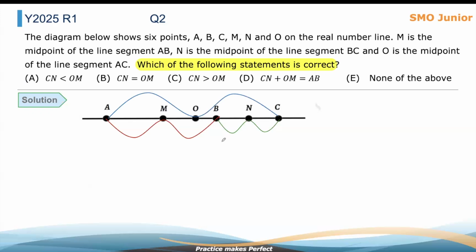The following statements mention the relationship between the line segments. How to determine which one is correct? From this diagram, we let CN equal x, so BN is also x. We let OB be y and OM be z. Since AM equals MB, AM equals y plus z.